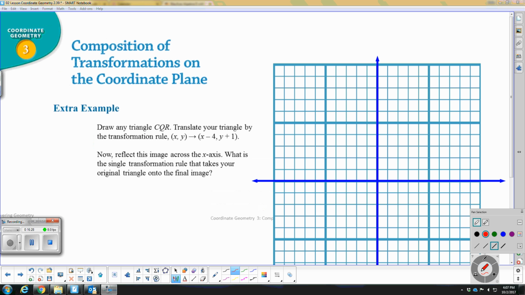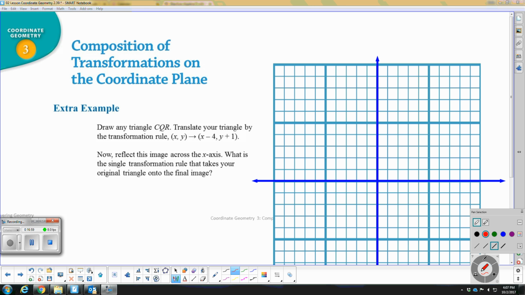In this extra example, try this one on your own. So you can draw any triangle and then translate your triangle using the transformation rule: (x, y) becomes (x - 4, y + 1). Then reflect this image across the x-axis. And then what single transformation rule can you get to go from your original figure to the final image?